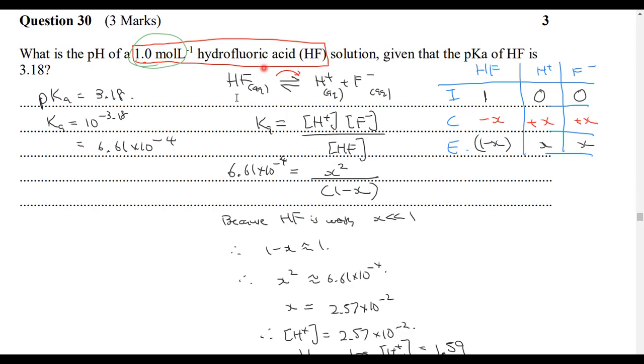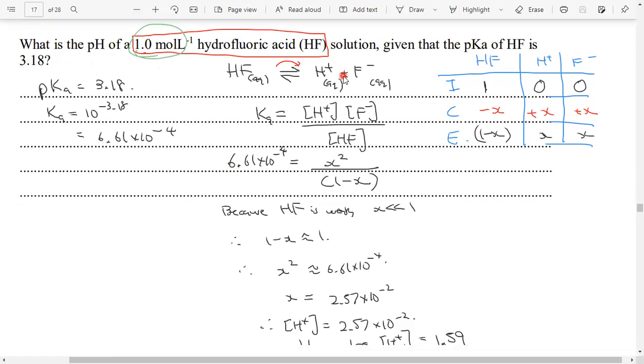Because it's weak, it doesn't ionize much, right? And because it doesn't ionize much, x is quite small. Like it's a lot smaller than 1, like 0.0001, for example, right? It's a very small number. Okay. I mean, you can see when we calculate it, it's a relatively small number. It's much, much, much smaller than 1.